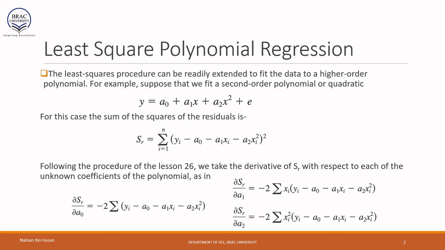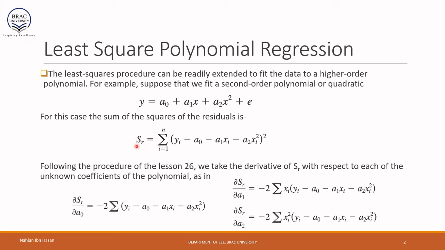If we take the square of each of these error terms, that makes the error square of that individual point, and then we sum over all of the data points, that means i equal to 1 to n. For n data points, we get n error square terms. We take the summation and we get the total summation over the square error terms, which is denoted as SR. So we need to minimize this SR term.